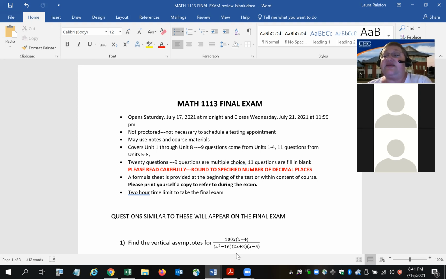The final exam is not proctored, so you don't have to make an appointment or anything like that. That also means that you're able to use your notes that you've taken throughout the term and your other course materials. The final exam does cover the entire course, units 1, 2, 3, 4, 5, 6, 7, and 8.